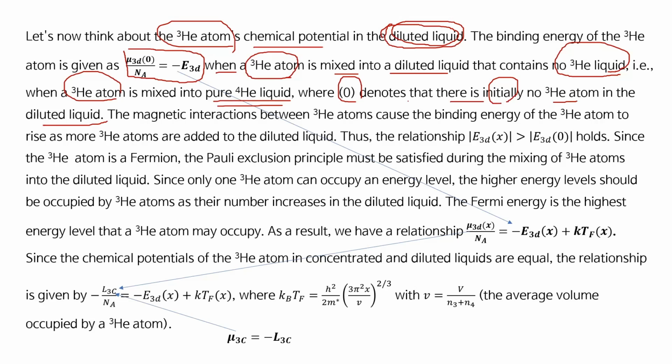So the chemical potential of helium-3 in the diluted liquid is related to the chemical potential of the helium-3 atom in the diluted liquid at the moment that there is no helium-3 in the dilute liquid. So we can have this relationship.